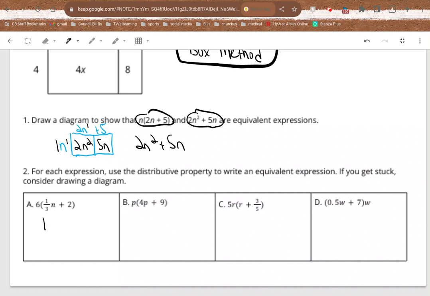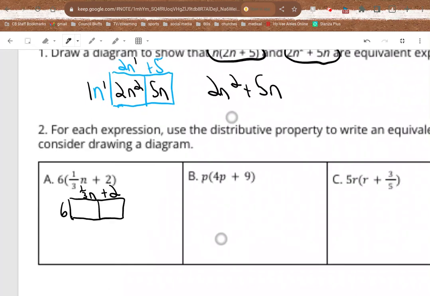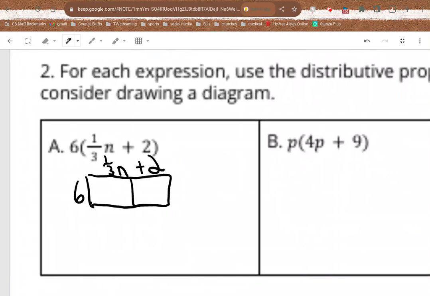Okay, so for A, let me use a different color here. I'm going to do 6, and then this is going to be 1/3 n plus 2. Let me zoom in on this so you can see it better. Now I'm just going to multiply this out.